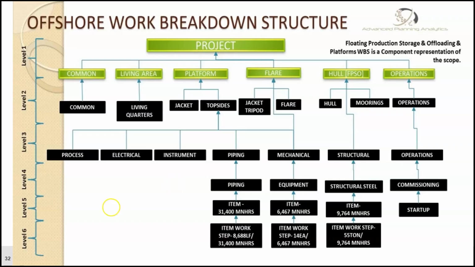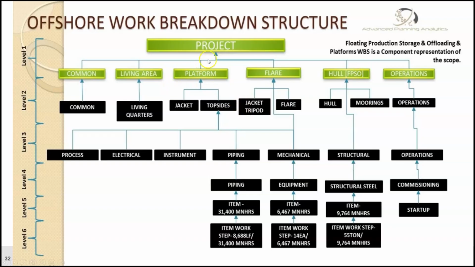So on the left hand side, you'll see levels. These levels do not mean schedule levels. It does not mean granularity in the schedule. This is only dictating the breakdown of those codes into smaller pieces.